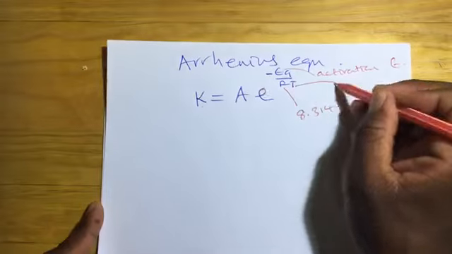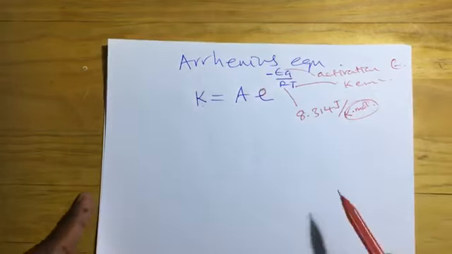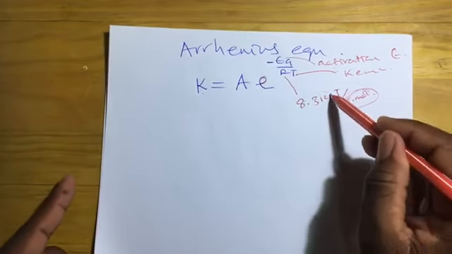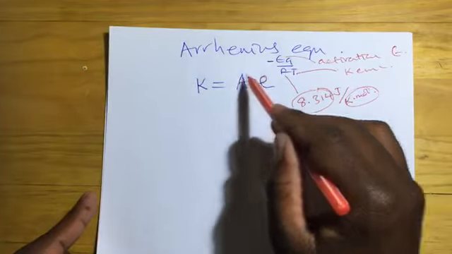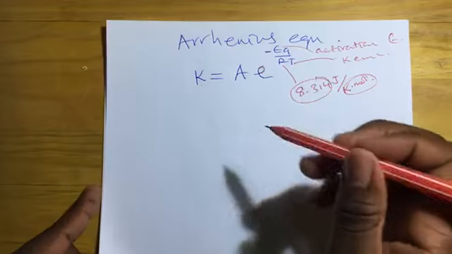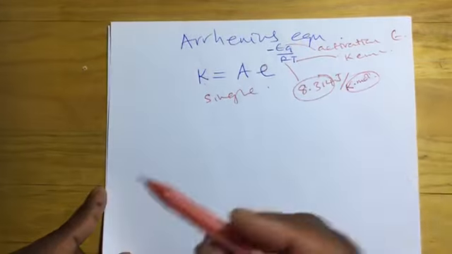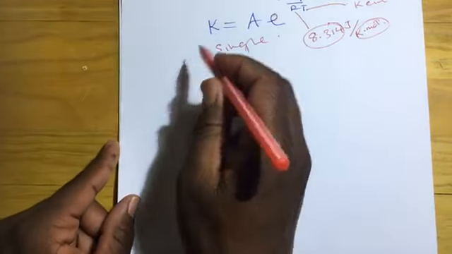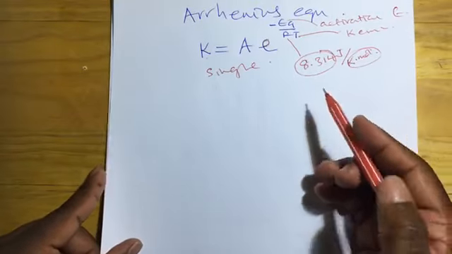And then T is going to be in kelvins as well. So just pay attention to these values that we'll be using, okay? And everything else. So the Arrhenius equation, we're going to use it as a single entity. And then we're going to use it when comparing two things. And we'll end up with an expression, okay?